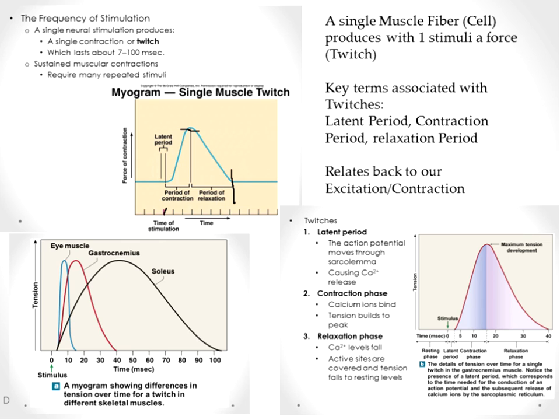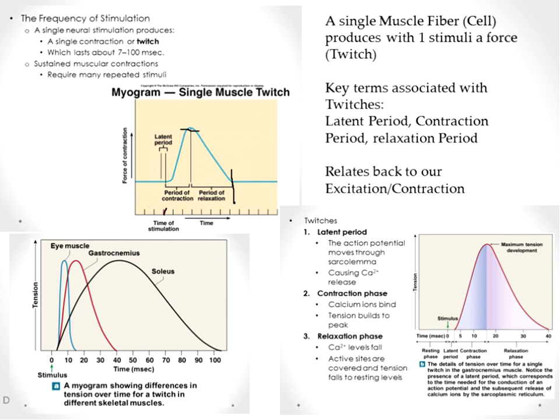But when we look at the time that the eye muscle spends with actin and myosin interacting, so the amount of time that calcium is available, actin and myosin are interacting, and ATP is expended, it's less than 20 milliseconds. And so that muscle goes through a complete release of calcium, actin myosin sliding, twitch produced, force production, and then back to relaxation and ready to do it again within 20 milliseconds.